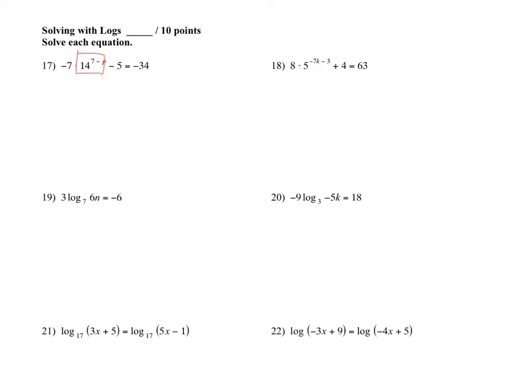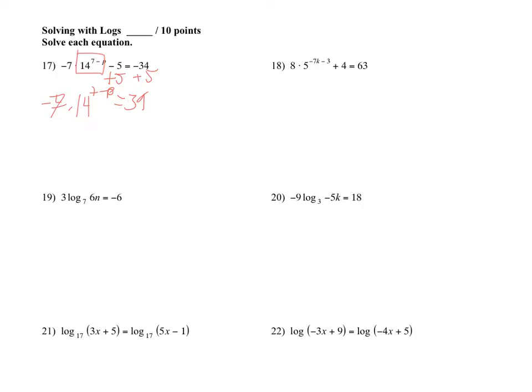To do that, first thing I need to do is add 5 to both sides. And then I'm going to divide by -7. But first we're going to rewrite this as -7 multiplied by 14 to the 7 minus p is equal to -29.